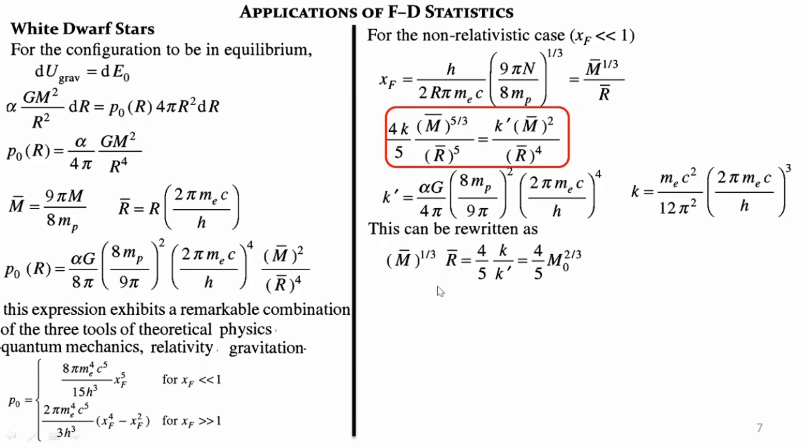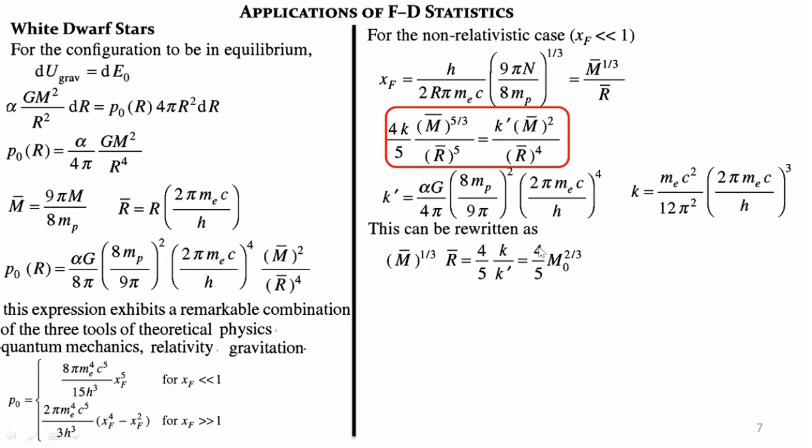So this thing is crucial here actually. Left hand side, this is m bar raised to the power 3 r bar. This is equal to 4 by 5 k over k dash. So you can take k dash to this side and all other things to this side. Then you will be able to get this expression.